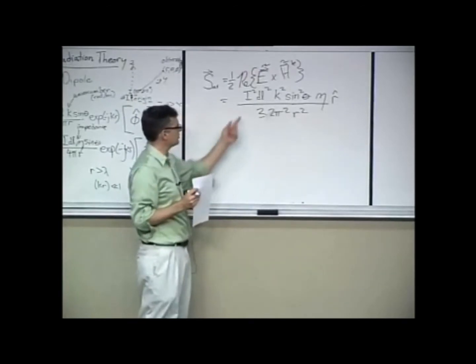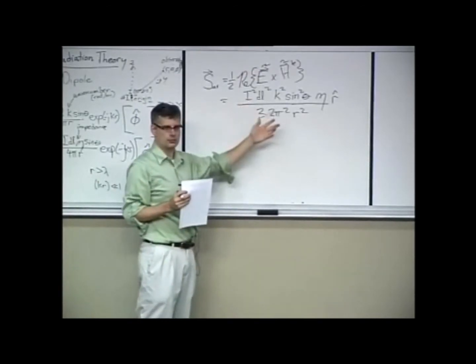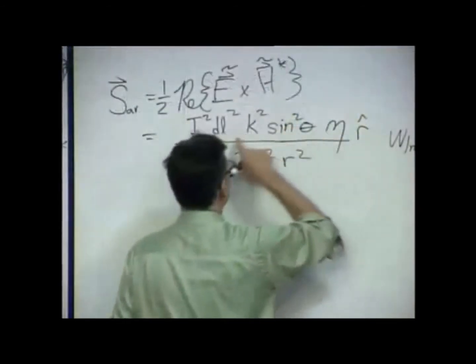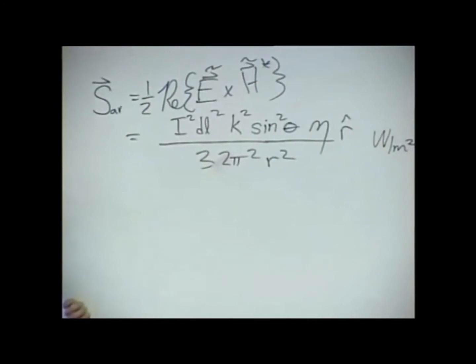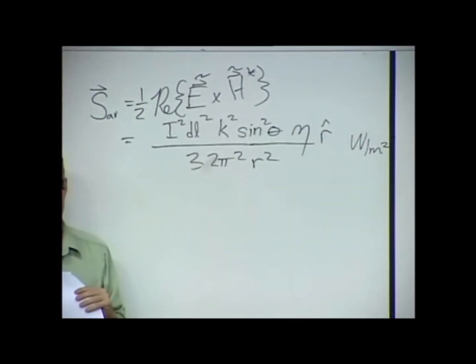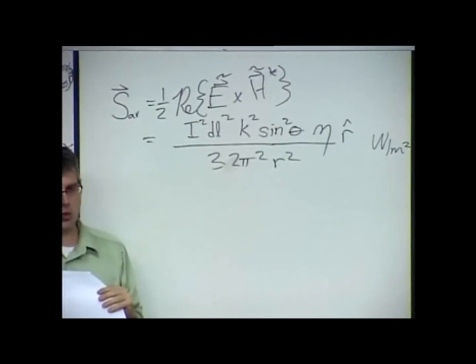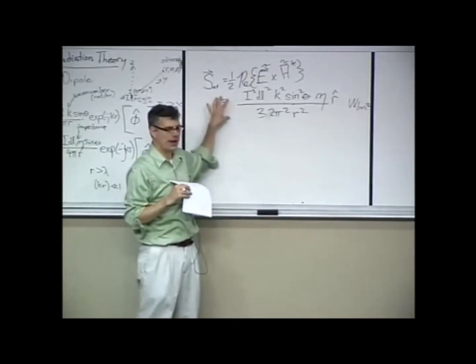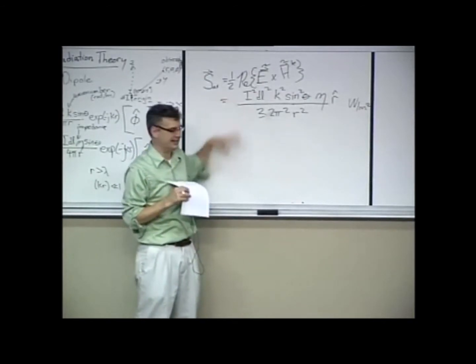So again, we're getting there. We're in watts per meter squared in terms of our units, but I've still got these geometrical field theory quantities like current and dl. What I really want is a gain pattern. So the first thing I have to do is figure out how much total power am I actually radiating in this system.